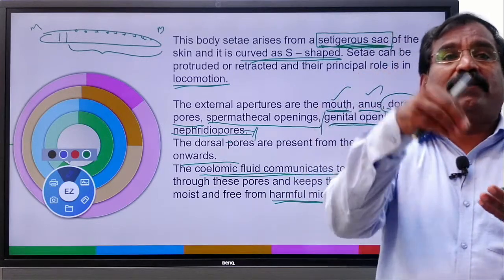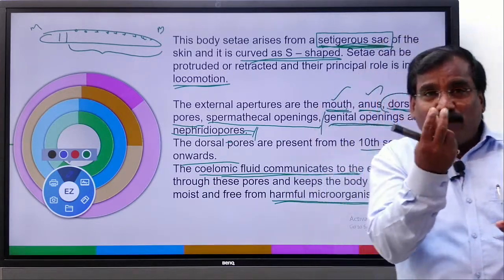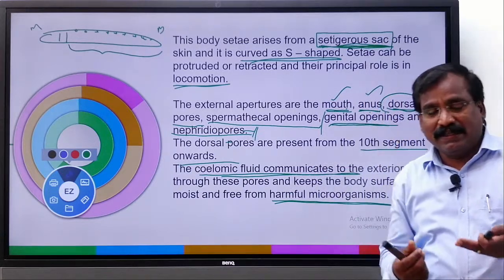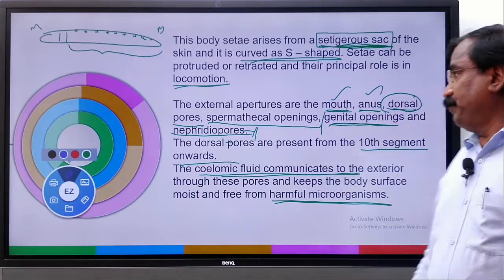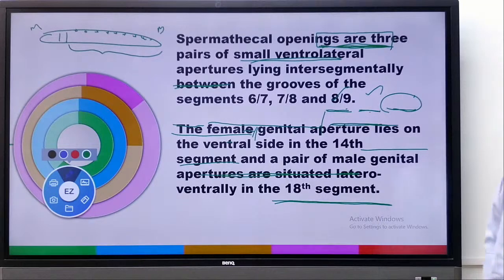Bacteria cannot infect it. It acts like an antibiotic fluid that kills harmful microorganisms.